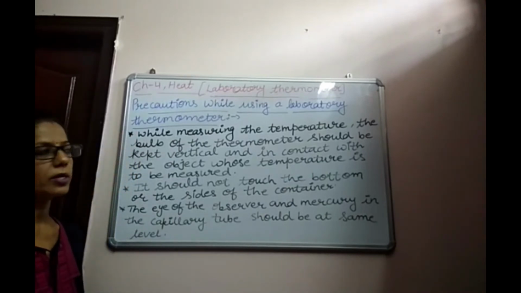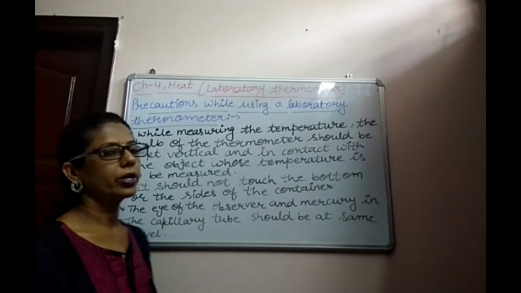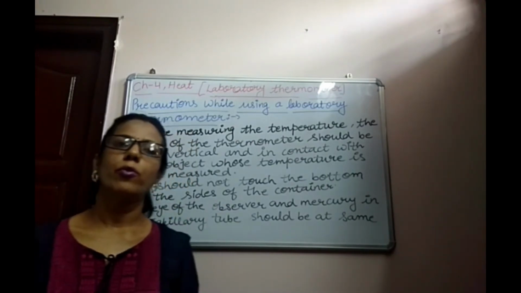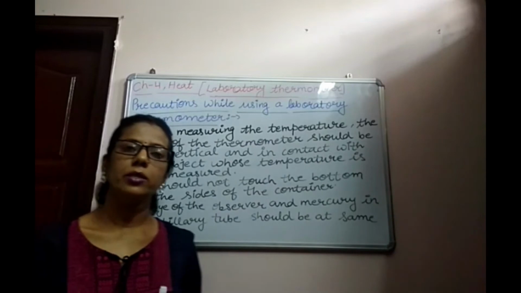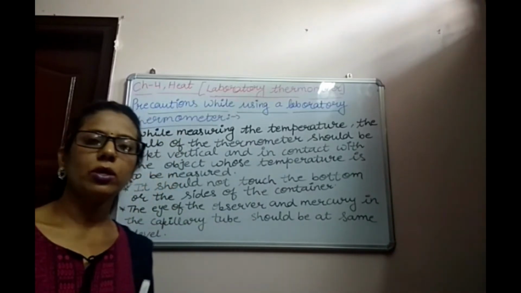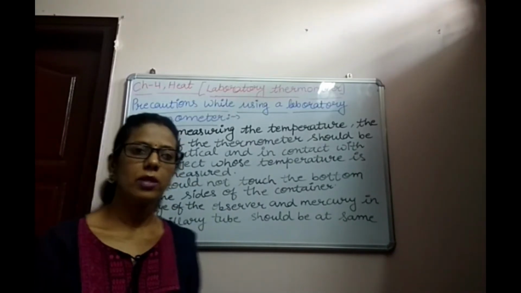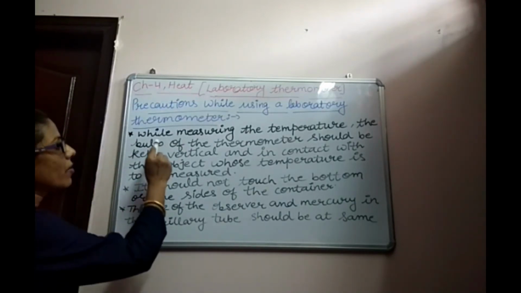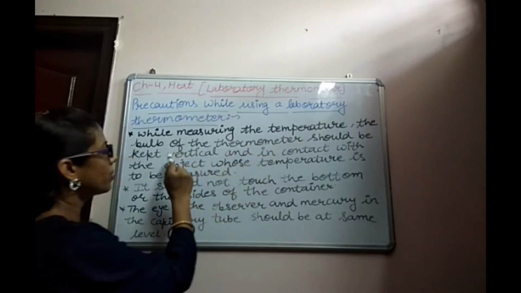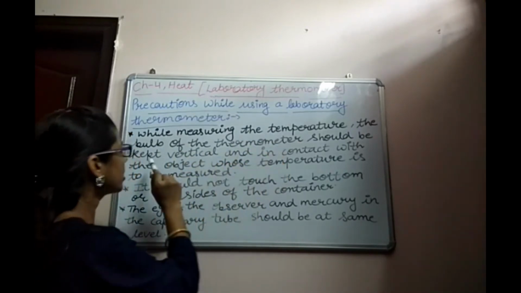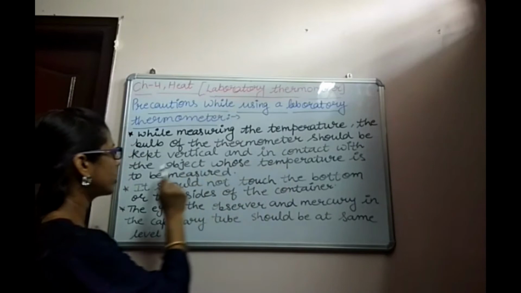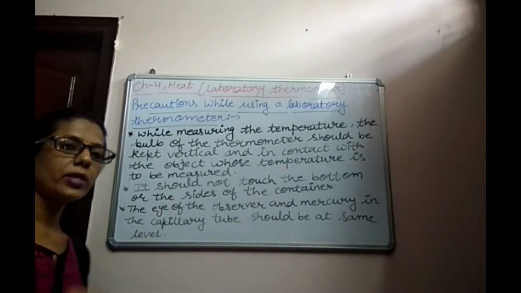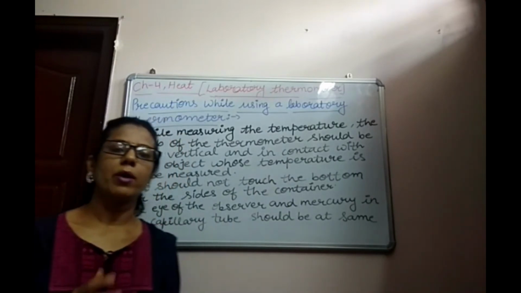Now our next topic is precautions while using a laboratory thermometer. When we are using a laboratory thermometer for measuring the temperature of any other substance, we have to adopt some precautions, like with a clinical thermometer. First, while measuring the temperature, the bulb of the thermometer should be kept vertical and in contact with the object whose temperature is to be measured.